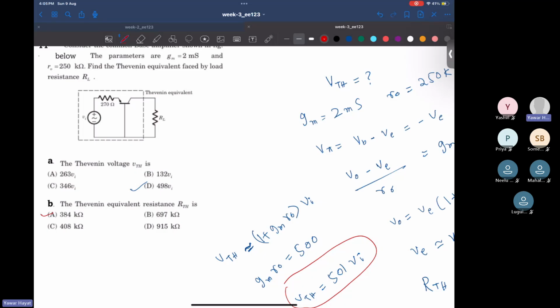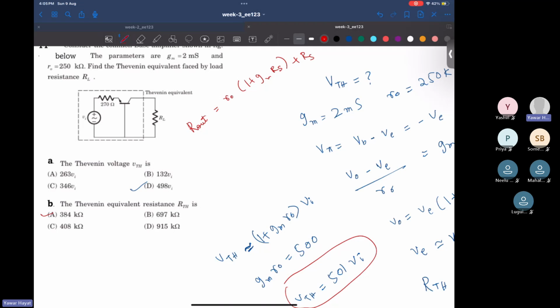So the relation that was important to remember in this one is that for a common base stage with an emitter resistance, your Rout is given by RO times 1 plus GM RS, plus RS.